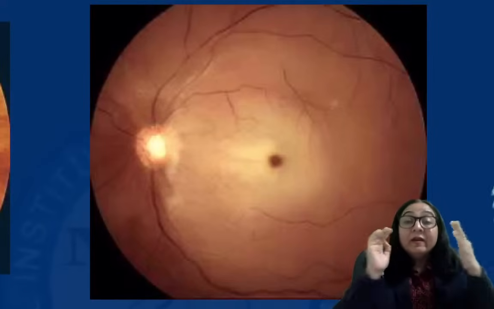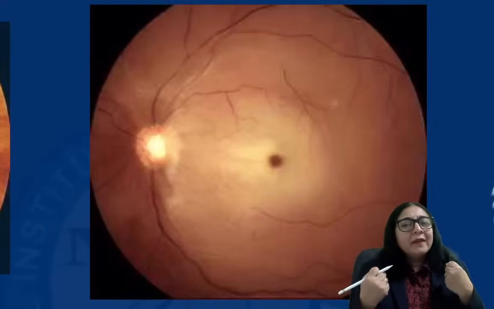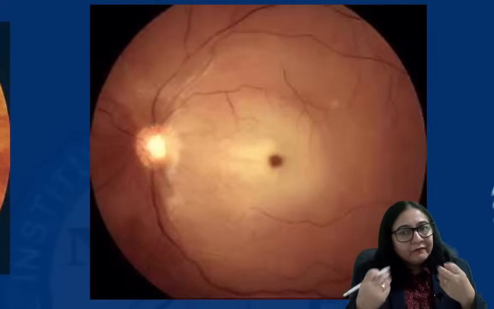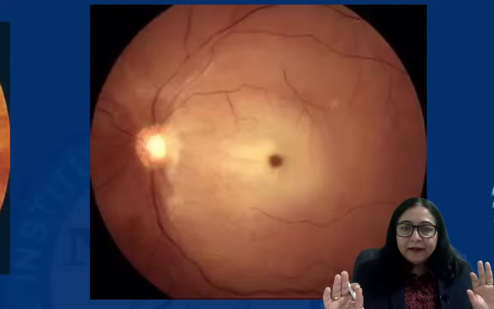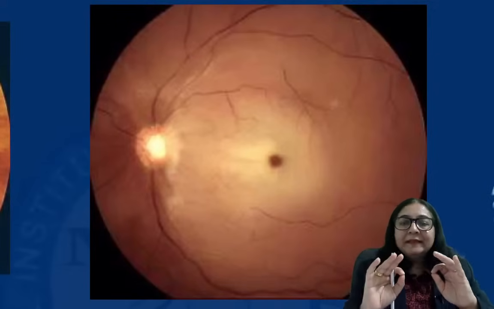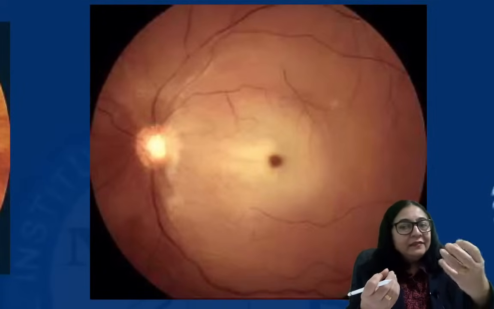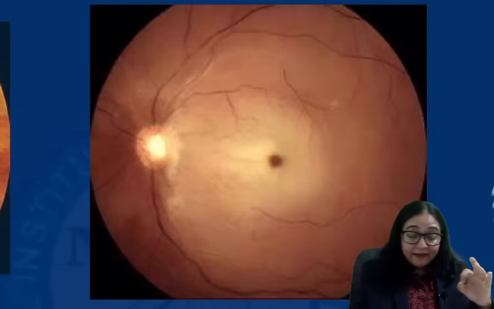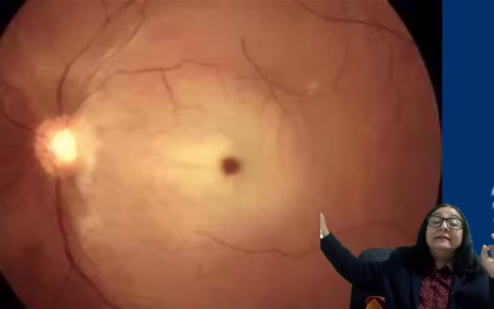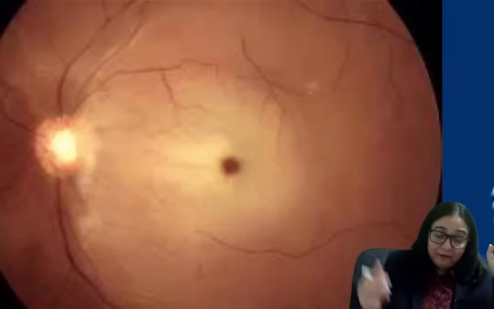I always tell you, beta, artery is the source of blood supply to that tissue. When the artery is blocked, there is no blood supply in that area, and it will become ischemic. Healthy retina gives a reddish appearance. A pale ischemic retina will appear like this, whitish and pale.